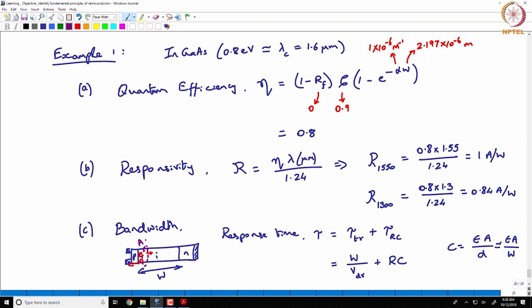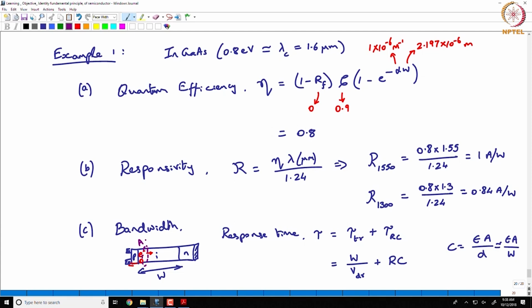So, that corresponds to the area over here. So, there is actually a very nice engineering aspect over here. You can see that W happens in the numerator in the first term and W happens in the denominator in the second term.